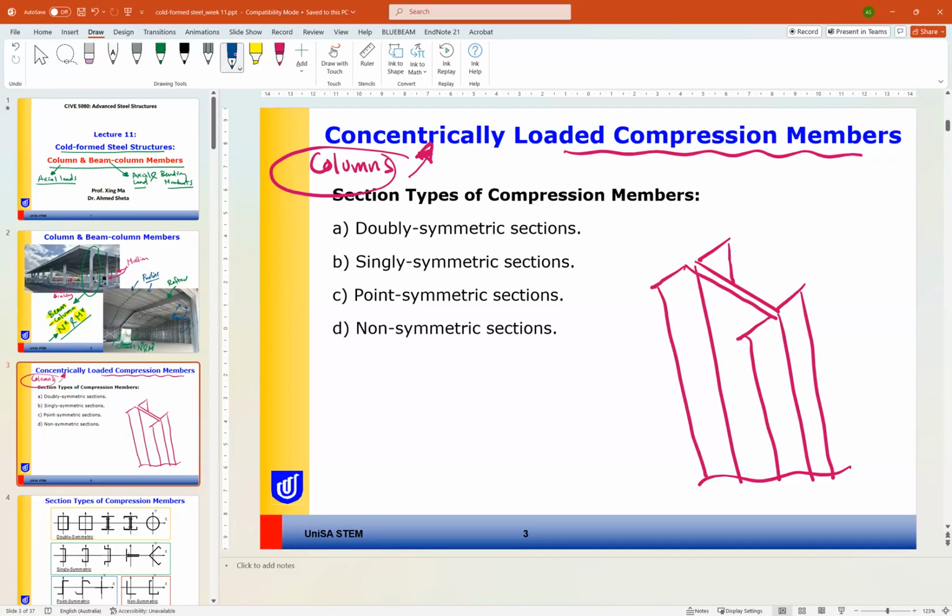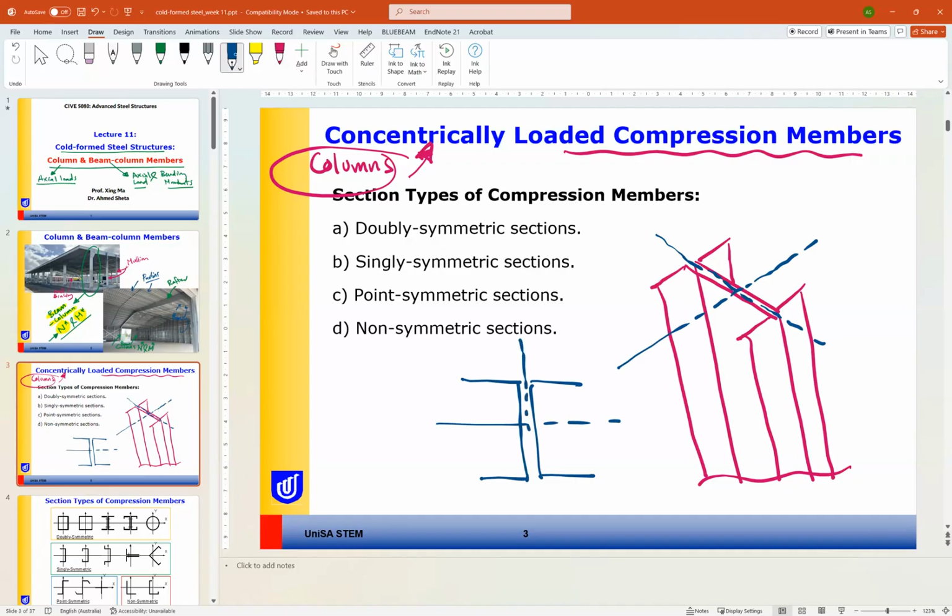channel like this, where is the neutral axis or where is the CG? Here is our CG. This section is two channels back to back, for example. This is the X-axis and this is the Y-axis.